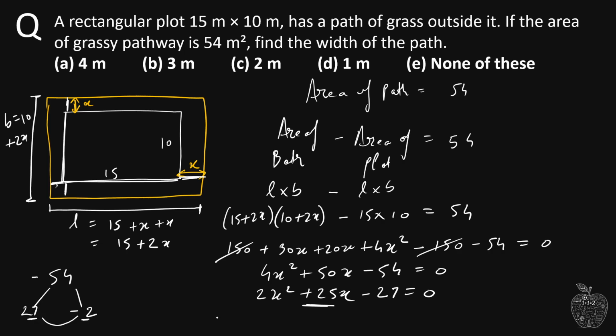So let's write it down. We get 2x square plus 27x minus 2x minus 27 is equal to 0. I'll just solve it over here.